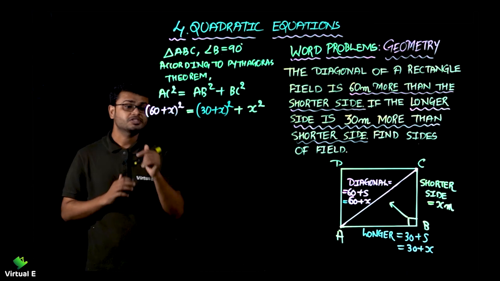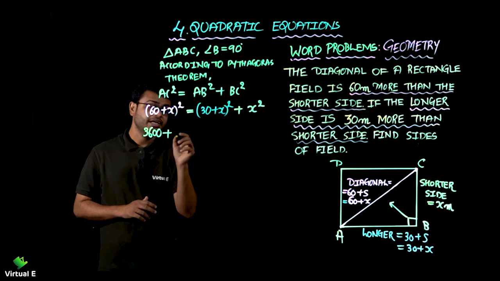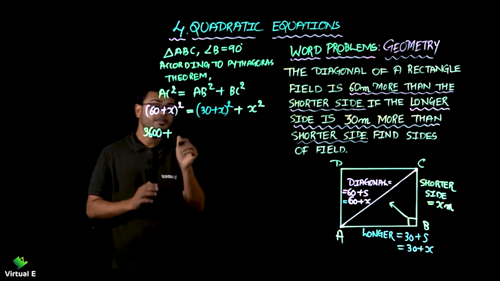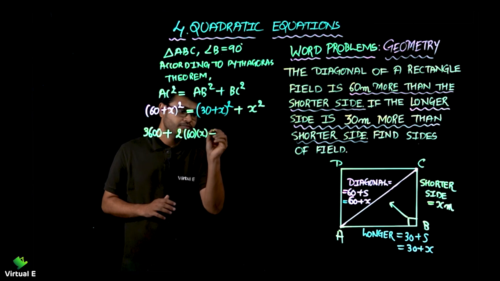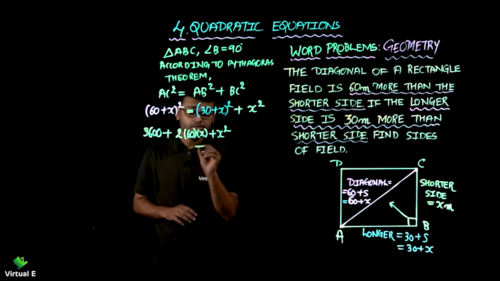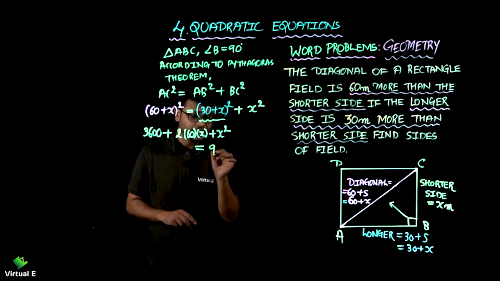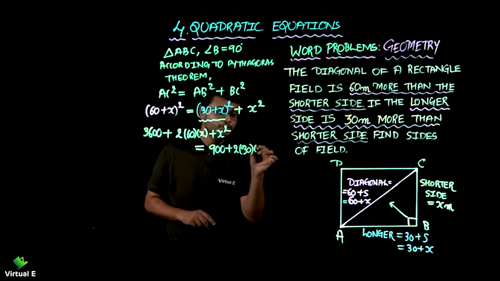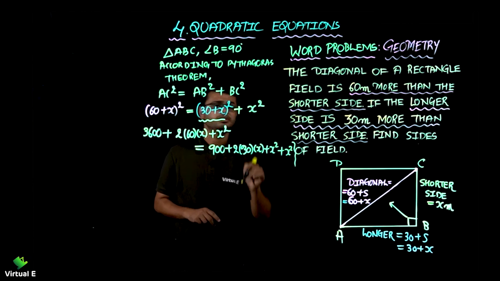Let's start. 60 square is 3600, plus we are not going to do x square directly, there will be 2ab, so 2 times 60 times x, plus x square. Then I'm going to solve the other one, which is 30 square: 900 plus 2 into 30 into x plus x square, and plus one more x square, because we cannot skip this x square.